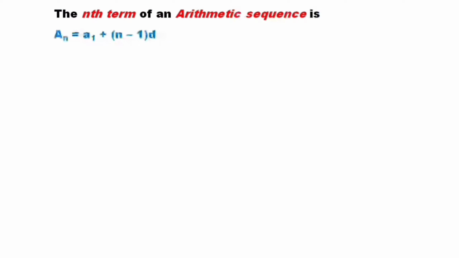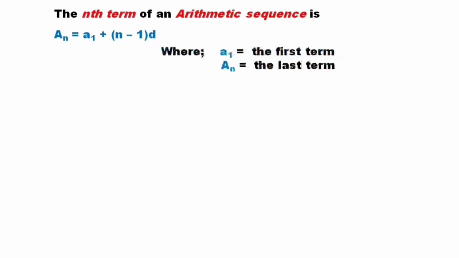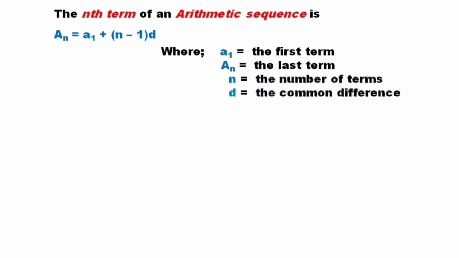The end term of an arithmetic sequence is a sub n equals a sub 1 plus the quantity n minus 1 multiplied by d, where a sub 1 is the first term, a sub n is the last term, n is the number of terms, and d is the common difference.